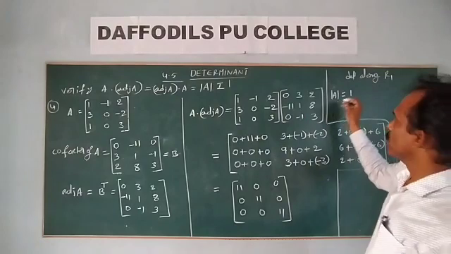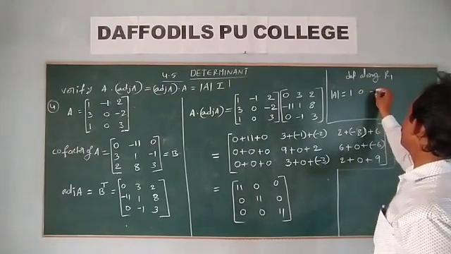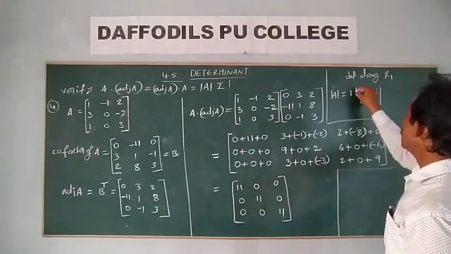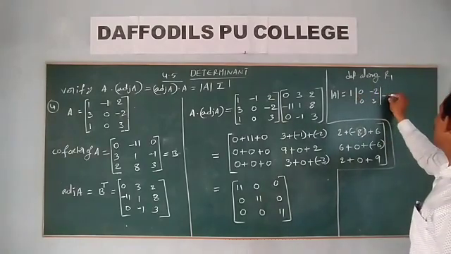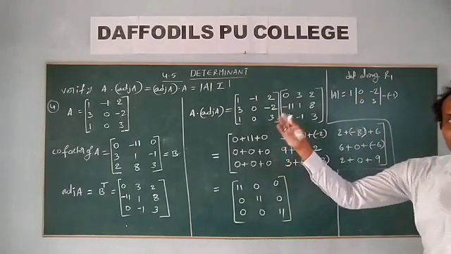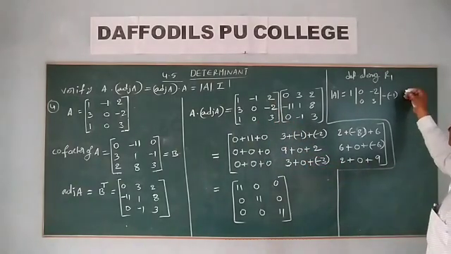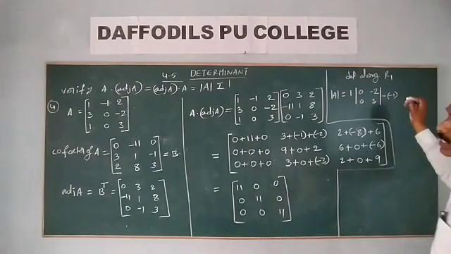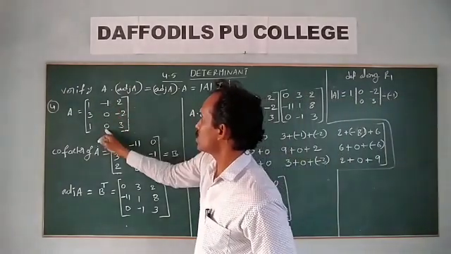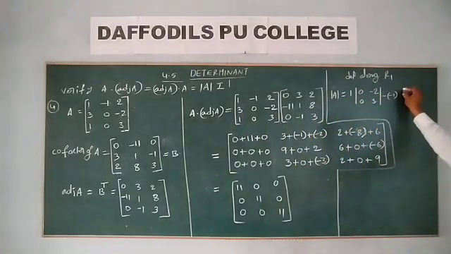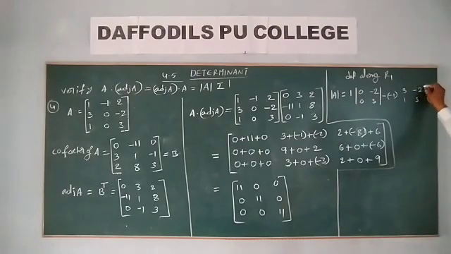So delta A is equal to 1 half, 0 minus 2 0 3. Here minus 1 is already there, plus minus plus, so using the cofactor formula, minus 1 half, deleting this row and this column: 3 3s are 9, so 3 minus 2, 1, 3.